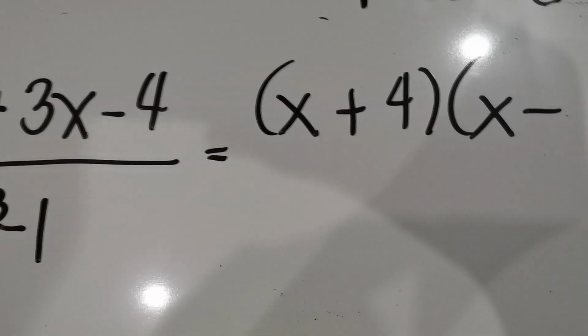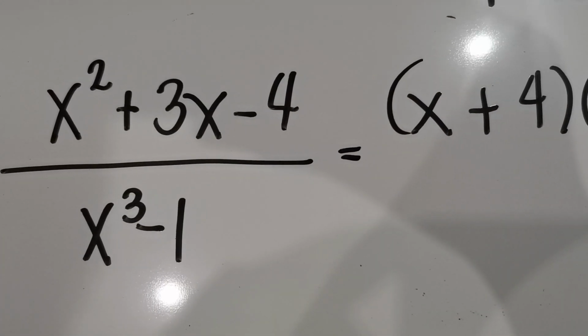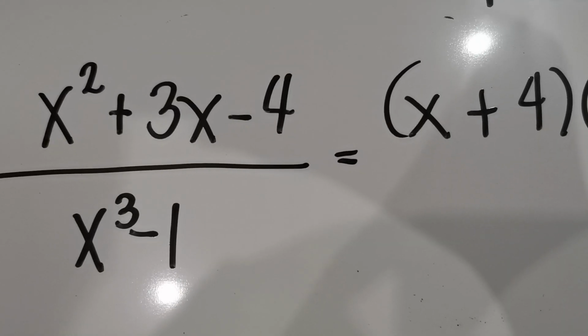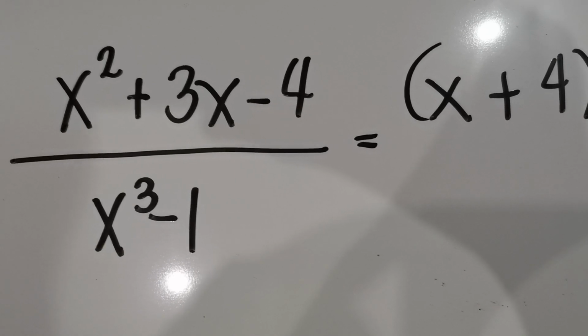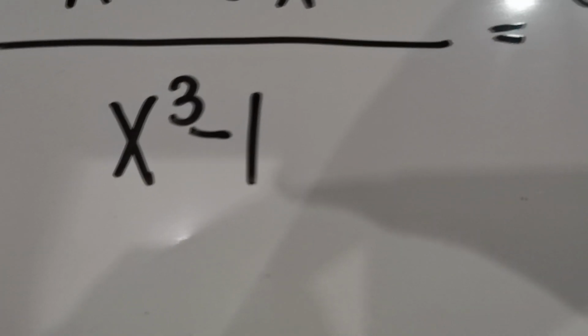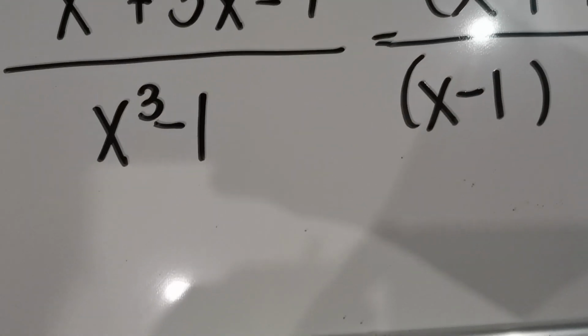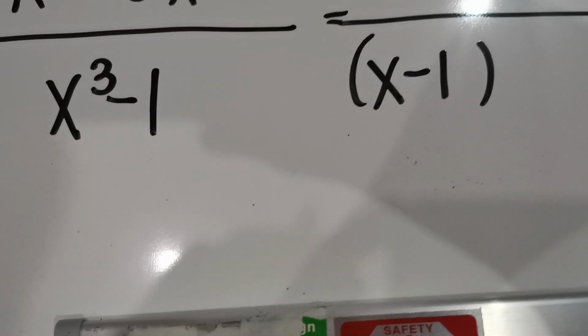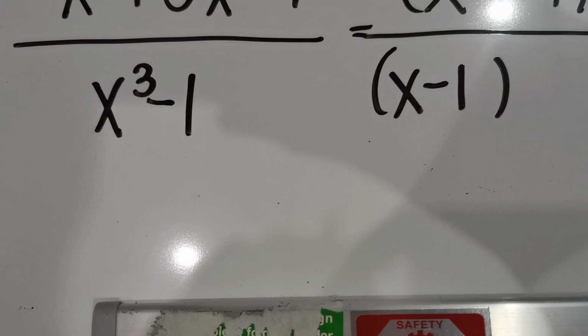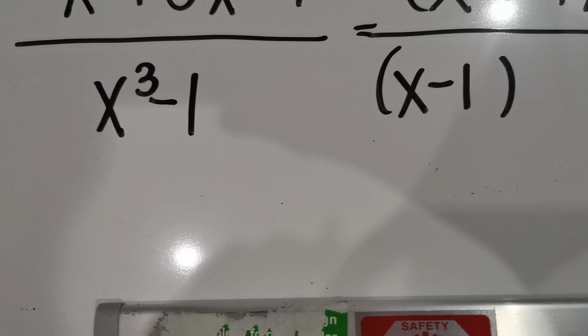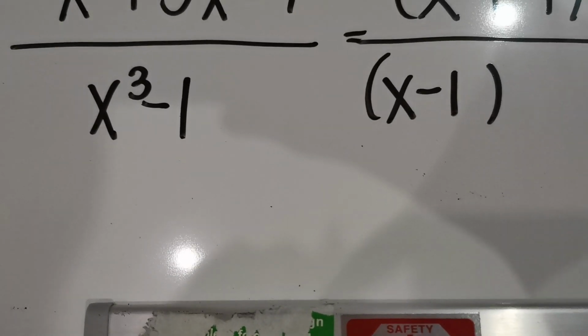Now, on the denominator, sabi natin that is a perfect cube, the difference of 2 cubes. So, kung natatandaan, in factoring the difference of 2 cubes, kunin lang natin ang cube root ng first term and cube root ng last term. So, the cube root of x cubed is x. The cube root of 1 is 1.